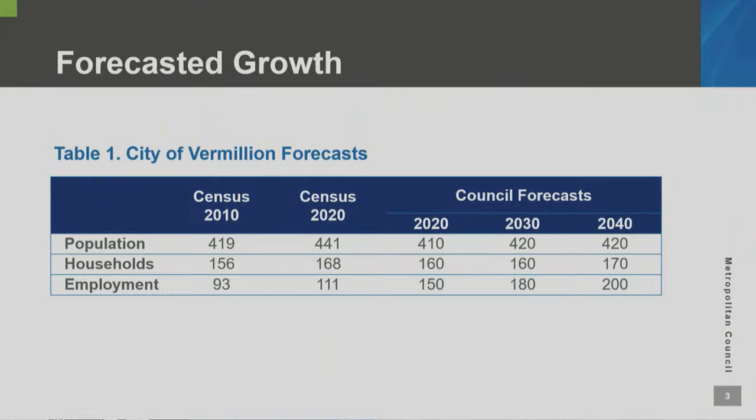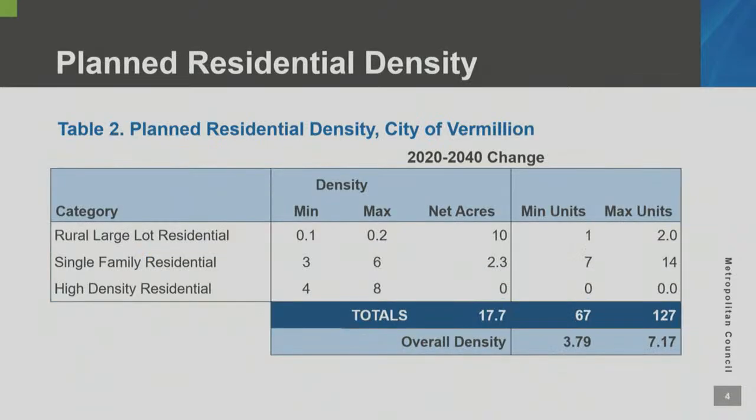Forecasts show very, very modest growth between now and 2040 of 10 in population and 10 households, and then employment actually increasing, mostly related to proximity of the highway. The residential density, as you can see, achieves the policy objectives of Thrive for a rural center community.